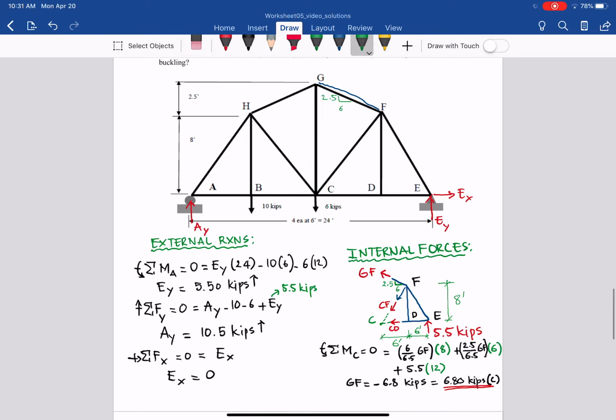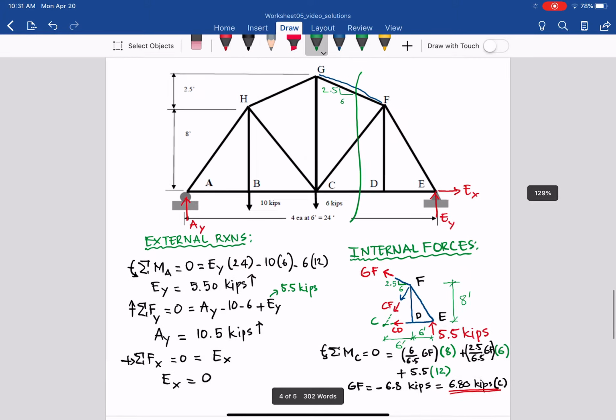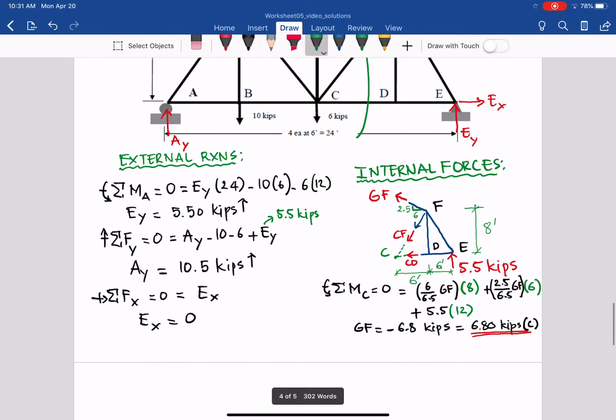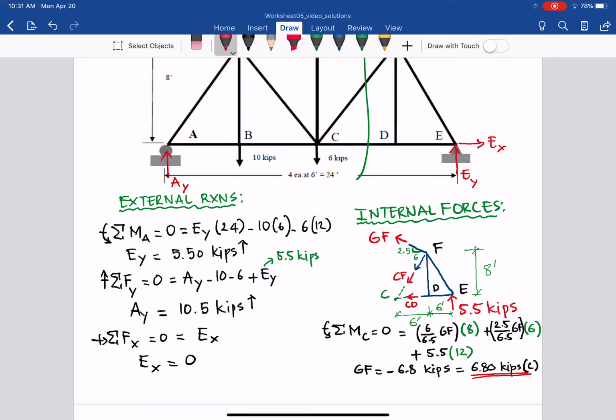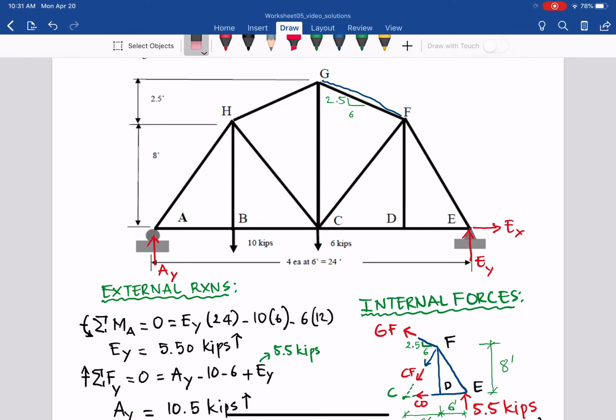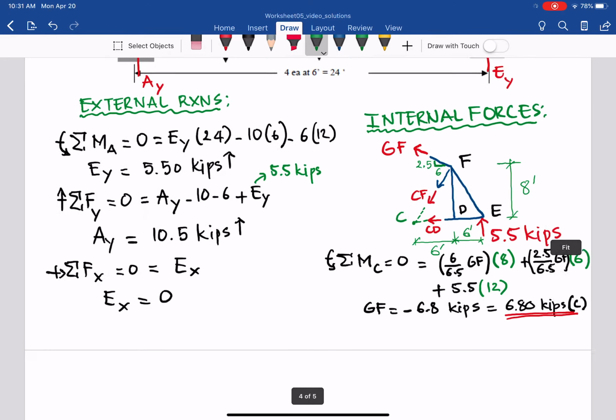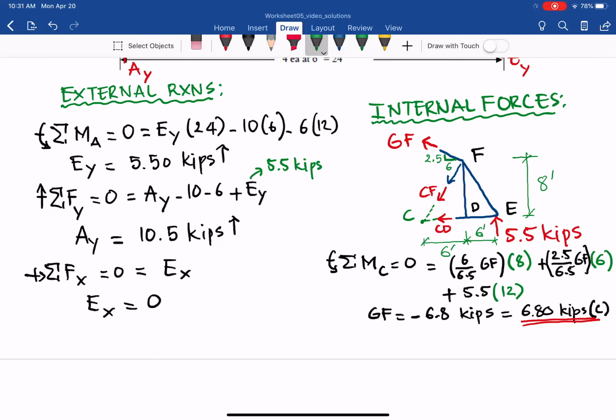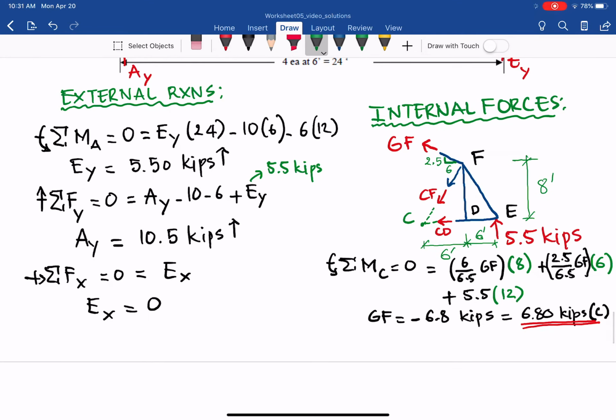Now we can make a section cut going through GF, CF, and CD, and consider the right section. We only need to design for GF, so take moment about C, outside of that section.